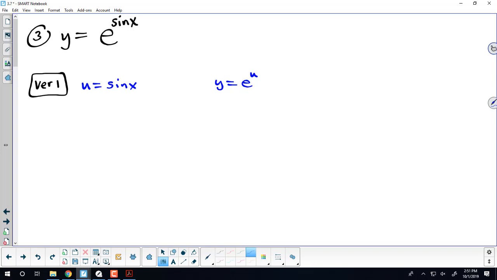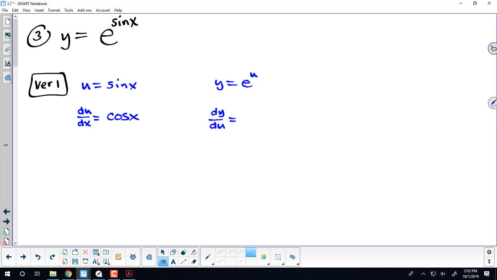So sine is the inner function, or the first, and then that makes y a function of u, e to the u, which is e to the sine x. And then we take the derivative of each one individually. The derivative of sine is cosine x, and then the derivative of y with respect to u. It's like if y were e to the x, we would say the derivative of y with respect to x is e to the x.